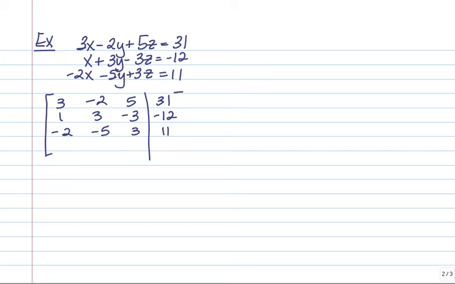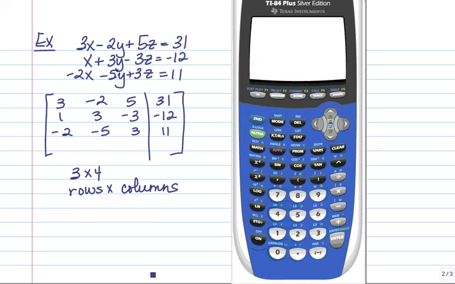We have to first tell the calculator which size of matrix we're entering, and this is going to be a 3 by 4. Remember that the size is always rows by columns. On the calculator, we do this by first pressing second x inverse, and we need to edit a matrix.